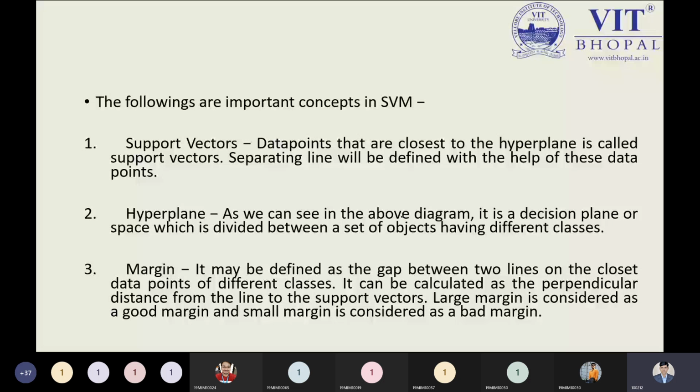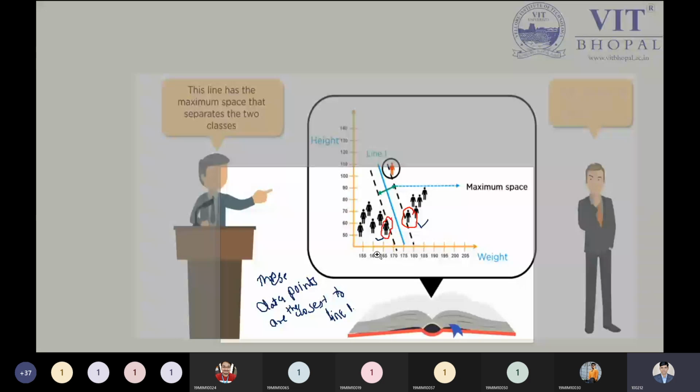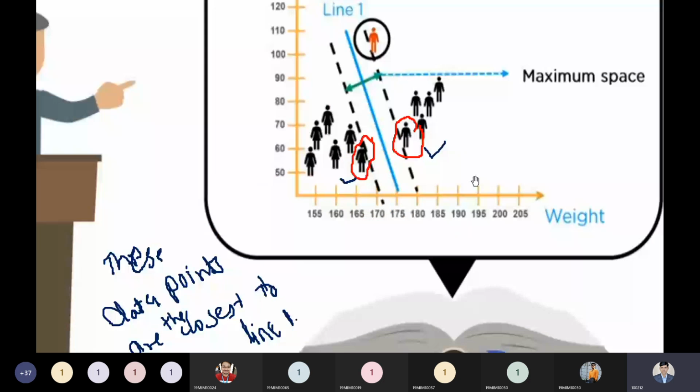But what are support vectors? Support vectors are data points that are closest to the hyperplane. From this image, you can see these two data points, which I have marked with a circle; these are the support vectors.